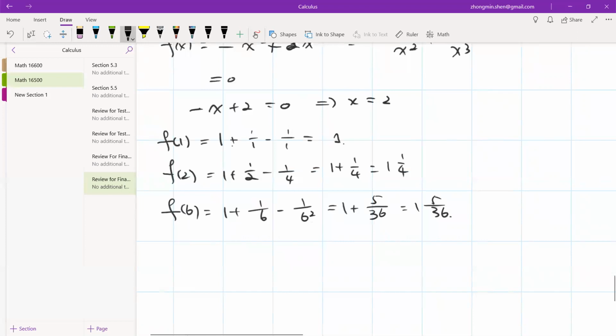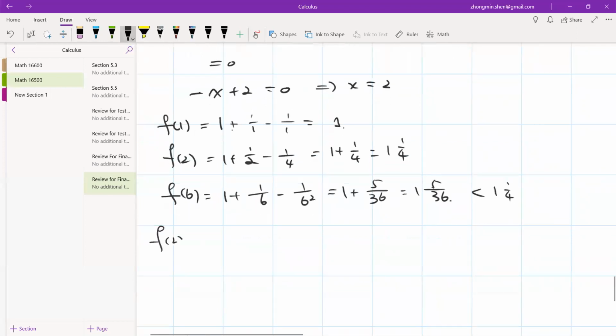I think it's less than a quarter. So this number is less than 1 and a quarter, but still larger than 1. So f of 2 is the absolute maximum value. f of 1 is the absolute minimum value.